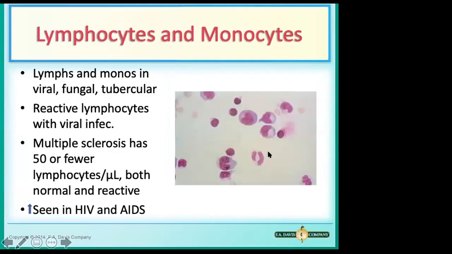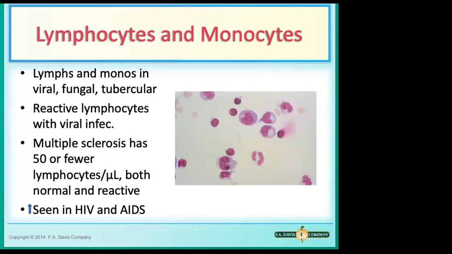All right. So lymphs and monos in high numbers can be found in viral, fungal, and tubercular meningitis. When you see reactive lymphocytes, that indicates a viral infection.